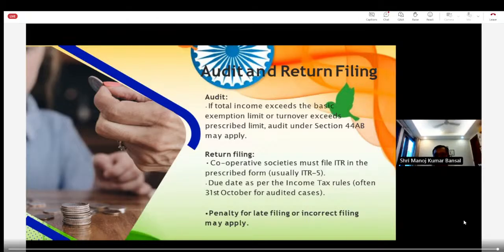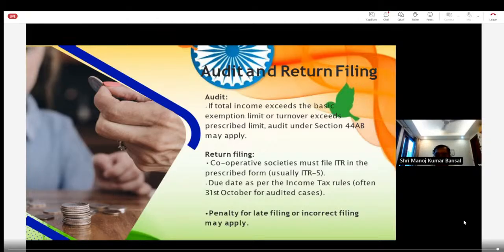Return filing. Cooperative societies must file ITR in the prescribed form. It is ITR 5. We have already discussed that the due date as per income tax rules is 31st October for audited cases.